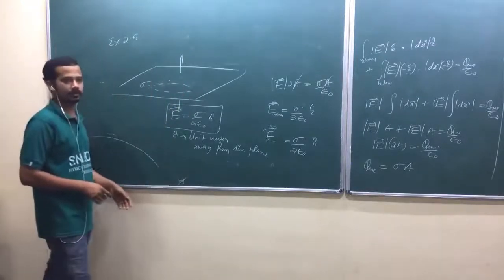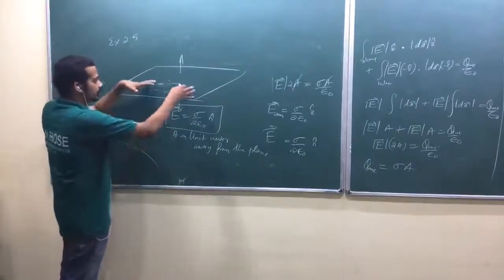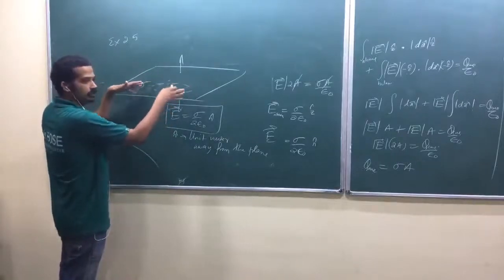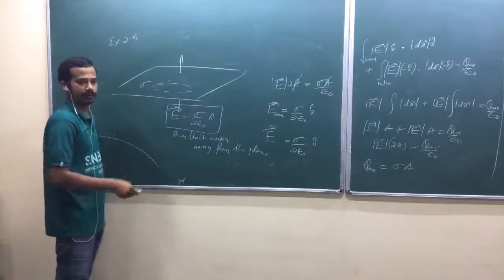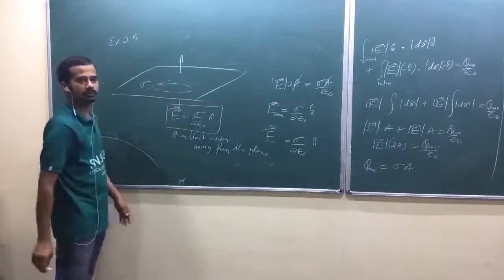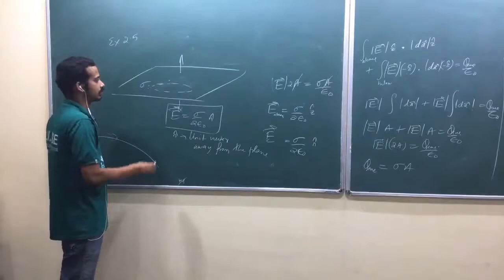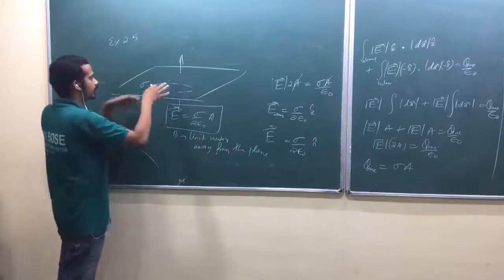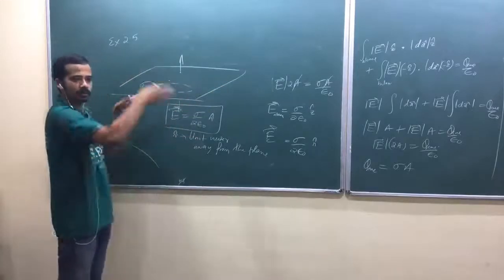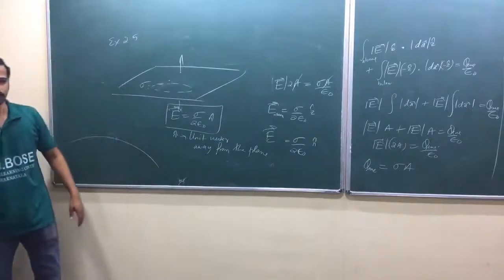You can't define a sharp boundary. But some charges in that field are going to act. Charges very far away are not going to contribute much here. So when you move away and away, more and more charges are going to play a role.